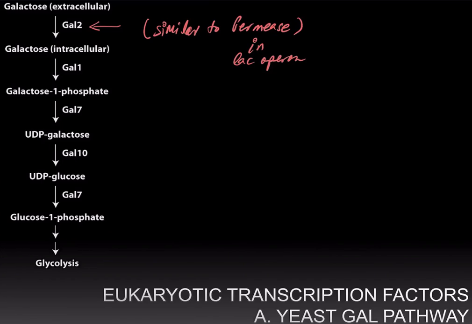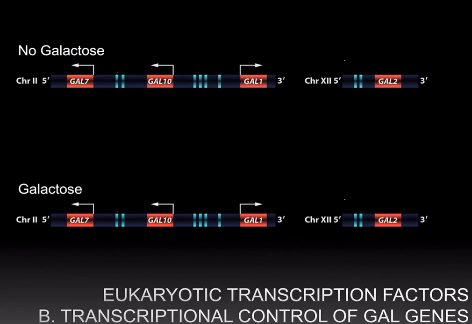Now, just like in the lac operon, one expects that when there is no galactose, there will be very little transcription of these GAL genes, GAL7, GAL10, GAL1, all three of which are on chromosome 2 of yeast, and also of GAL2, which is on chromosome 12.